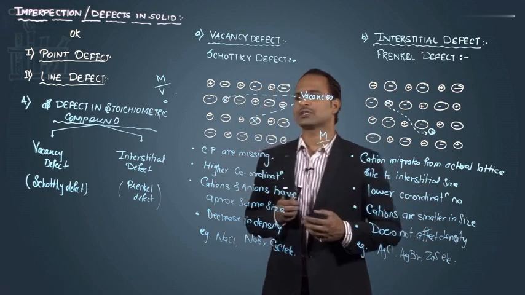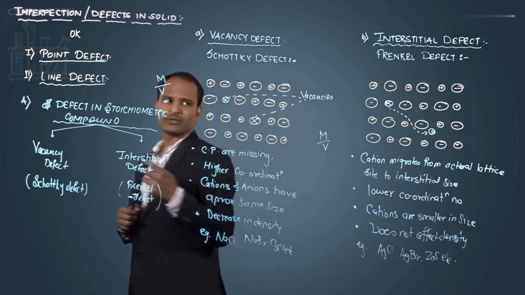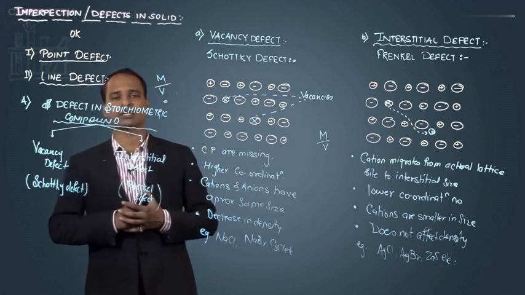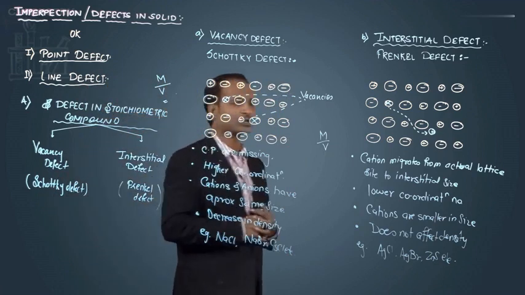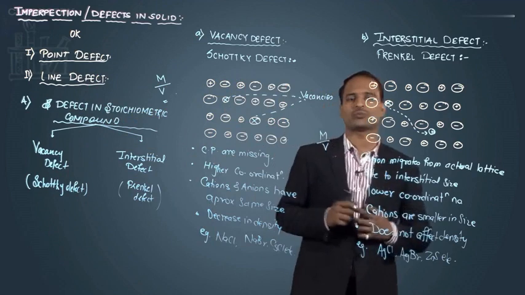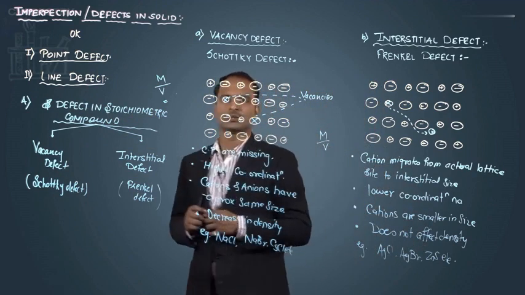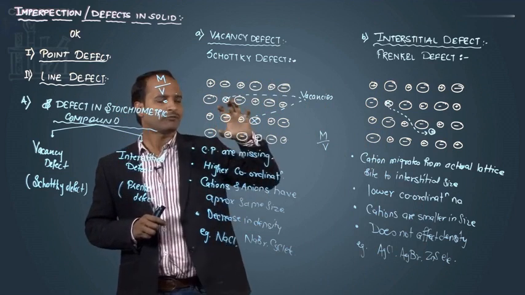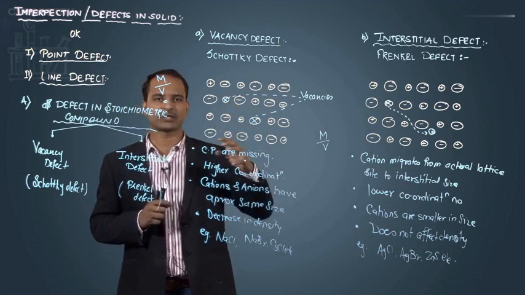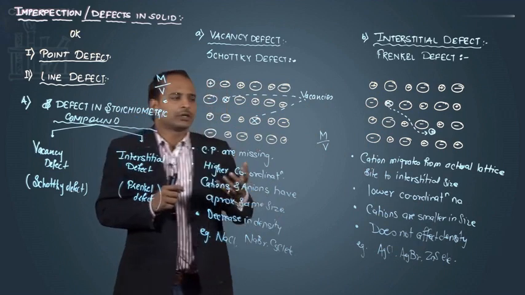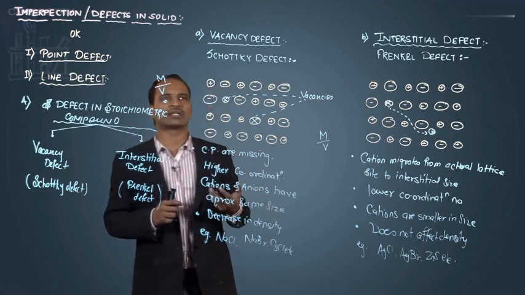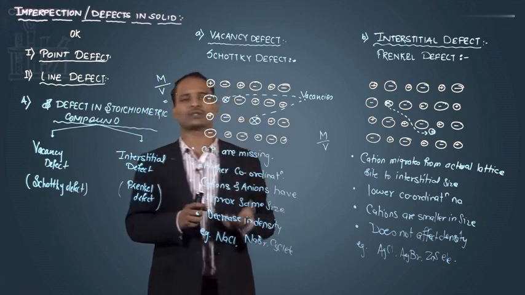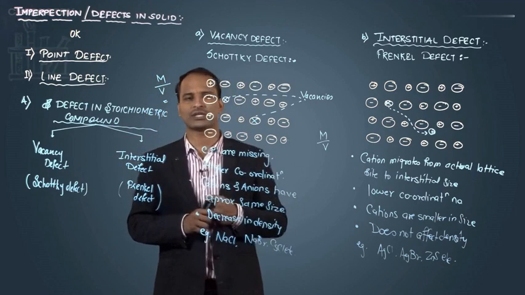Now, since cations and anions are missing from their places, consider ionic solids in the solid state. Ionic solids are generally considered bad conductors of electricity, because in the solid state these ions are not free to migrate. But what happens here, once an ion is missing? Suppose I want to know whether, after the defects, the electrical conductivity has changed or not.